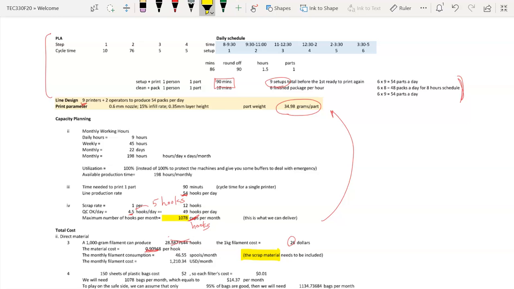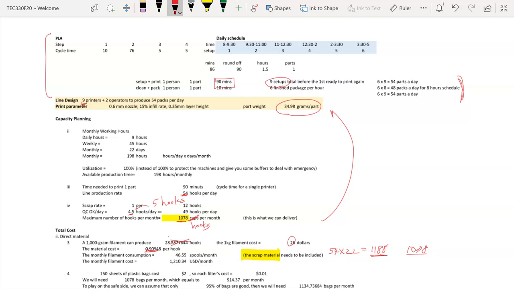Instead of saying we only produce 1078, we have to do 54 times 22, that is 1188. This is the amount of items we produce, but only 1078 hooks we can sell.